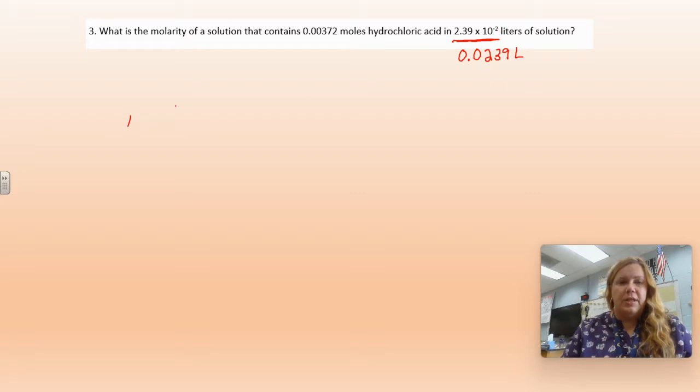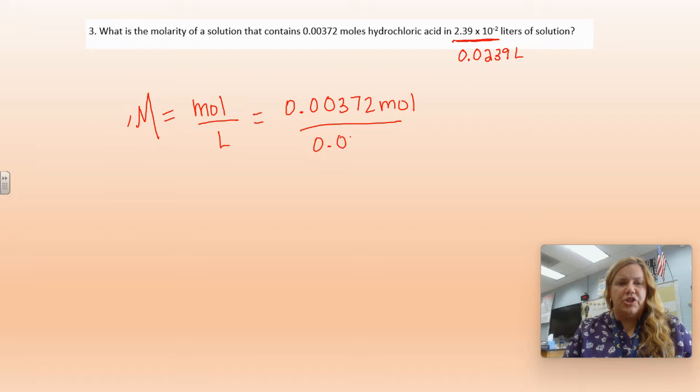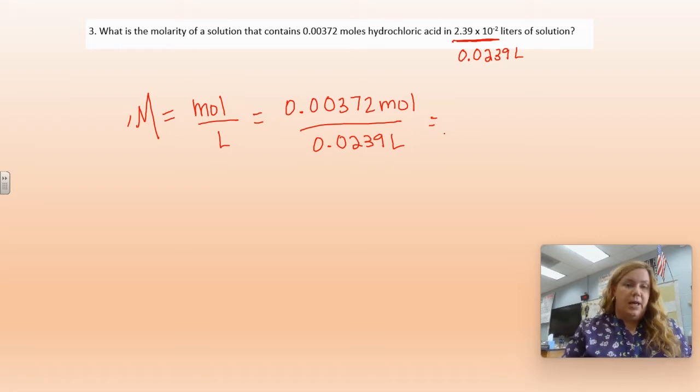That's fine. So we're going to use our molarity equation, which is molarity equals moles over liters. And we have to make sure everything's in liters, and it is in this one. And we're already in moles. So we're just going to plug and chug into our equation. And we're going to put that over, and I went ahead and just changed it to 0.0239. Again, you can punch that number into your calculator as well, as long as you keep it in parentheses.